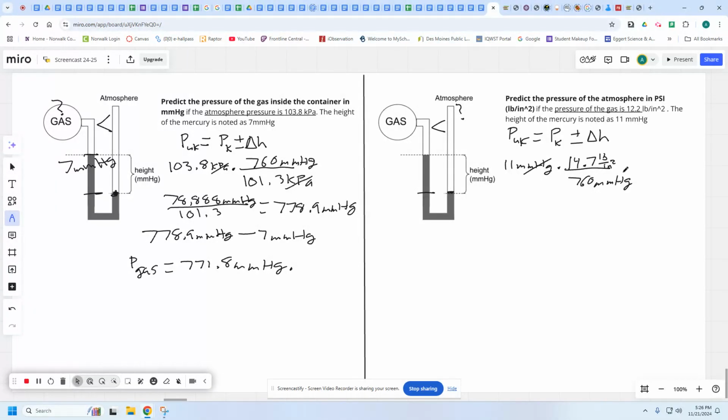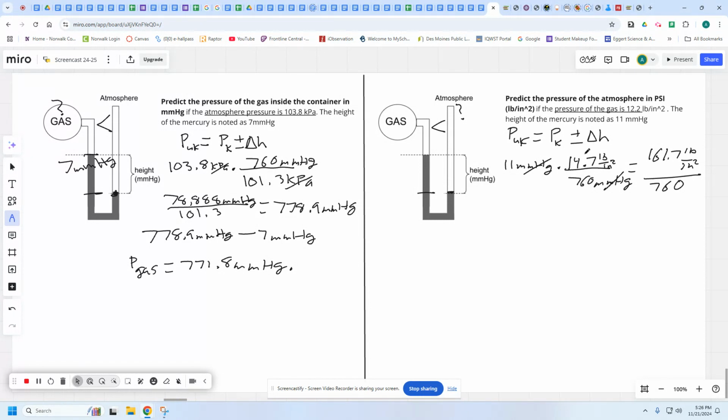Millimeters of mercury cancel. If you multiply 11 times the 14.7 pounds for every inch squared, you should get something along the lines of 161.7 pounds for every inch squared. And remember, you have to bring that 760 over, because you do not take the 11 and multiply it times the 760.